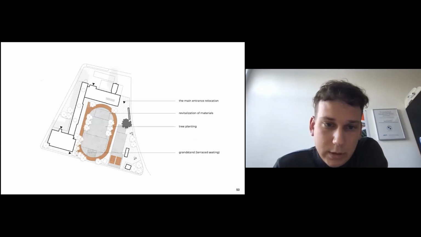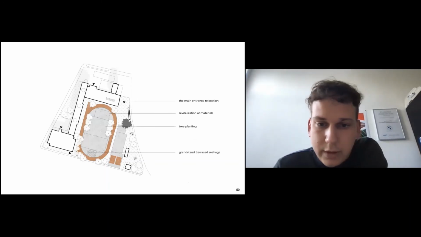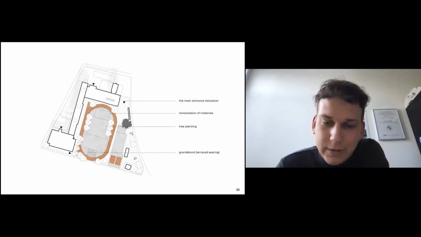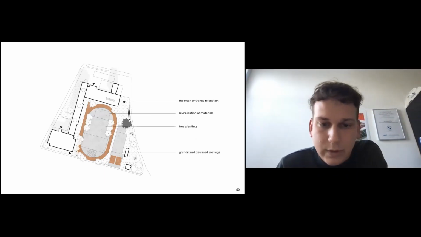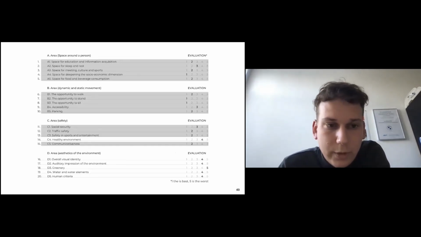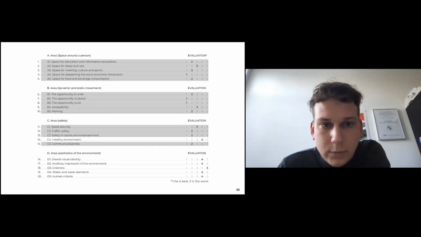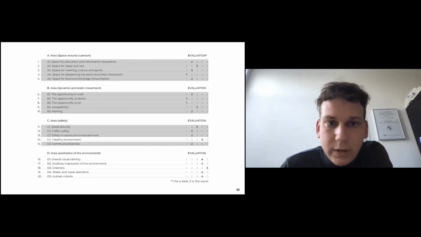This was one of the attributes and areas in the university campus we need to improve in the first phase, because it's the attribute of space for meeting, culture, and sports.